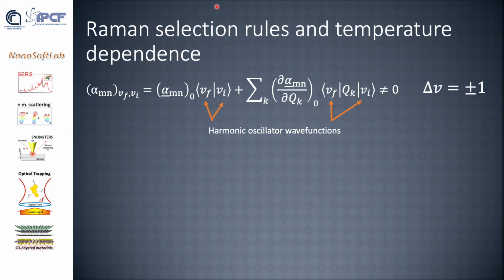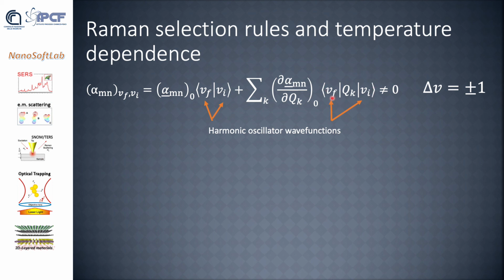Under the Born-Oppenheimer approximation, therefore, we can write the transition polarizability tensor as the sum of two components. The first one will involve the scalar product between the final vibrational wave function and the initial vibrational wave function. This, of course, describes the Rayleigh scattering, since this term is non-zero only if nu f equals nu I, plus a term that contains this quantity.